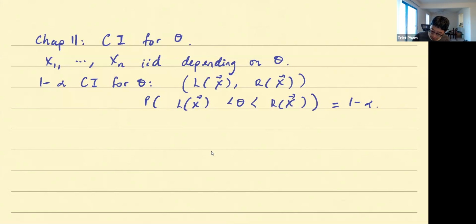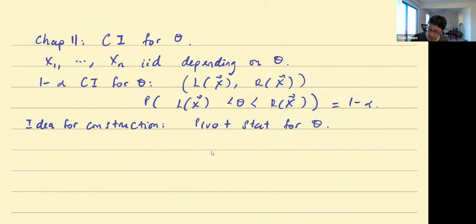And so the idea for construction is basically we want to find the pivot stat for theta. And from the pivot stat for theta, we will pivot around that statistic and obtain the left point and right point of the interval.